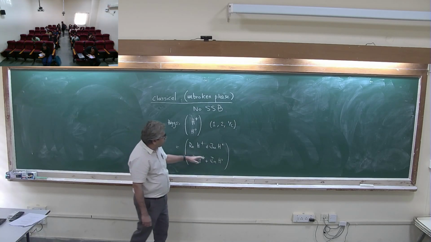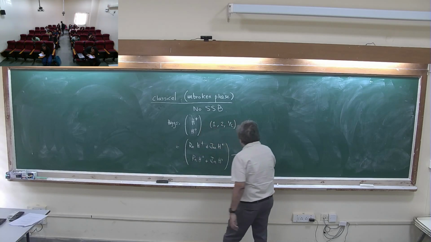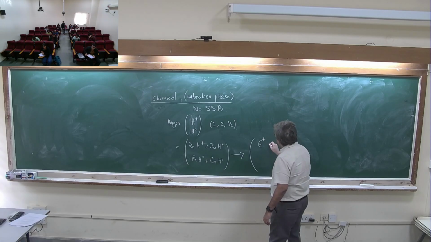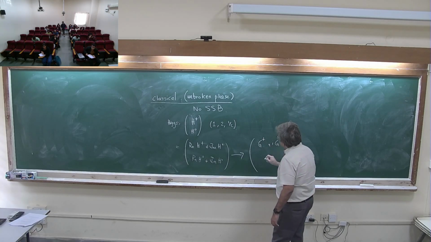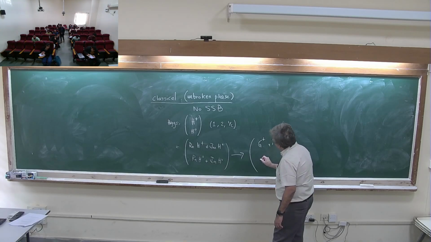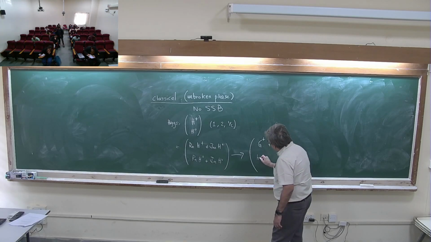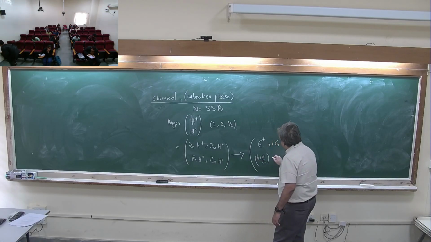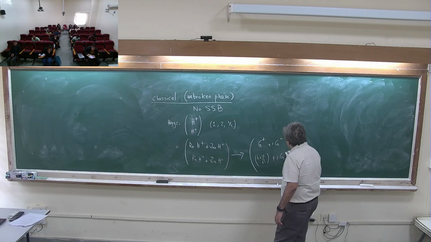So when it's spontaneously broken, this will become a Goldstone boson, this will become a Goldstone boson, and this will become Higgs plus v by root 2, plus i times a Goldstone.